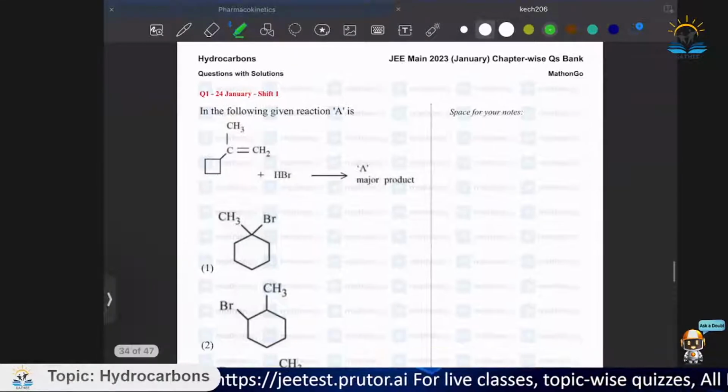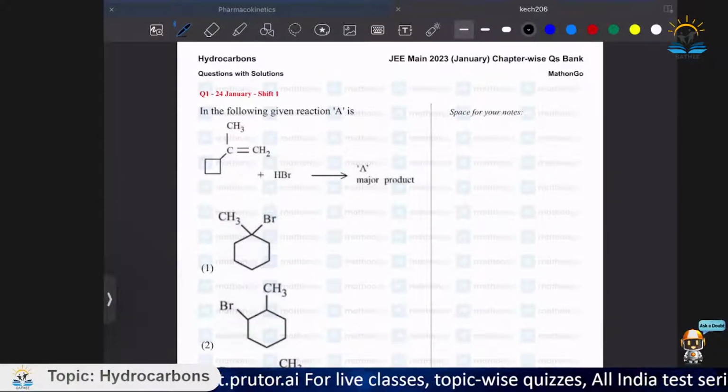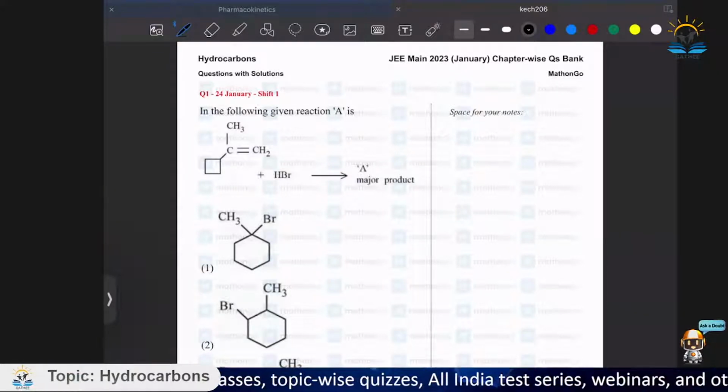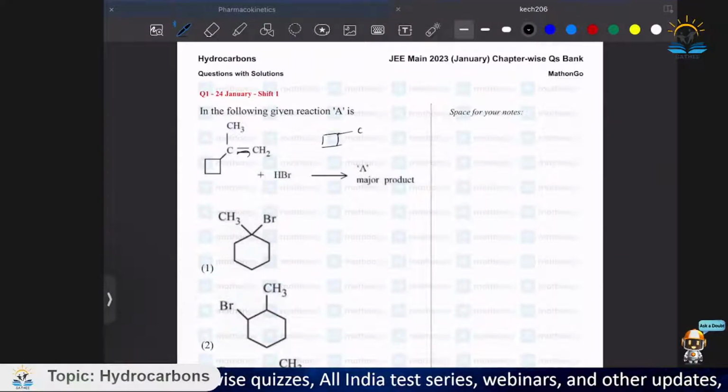So yeah, in the following reaction, A is the product. This is a halogenation reaction using Markovnikov's rule. What will happen? See, just remove the double bond. This kind of carbocation will be formed.